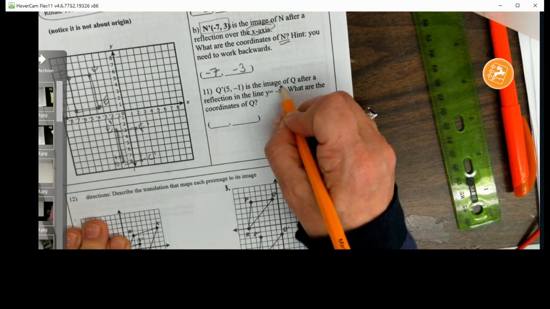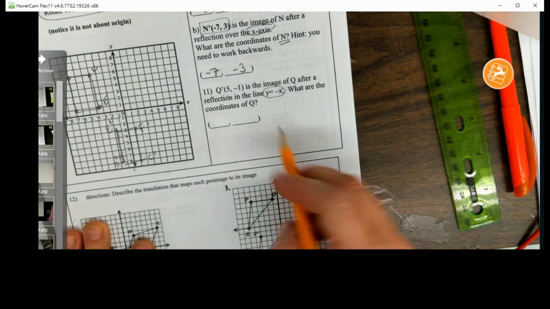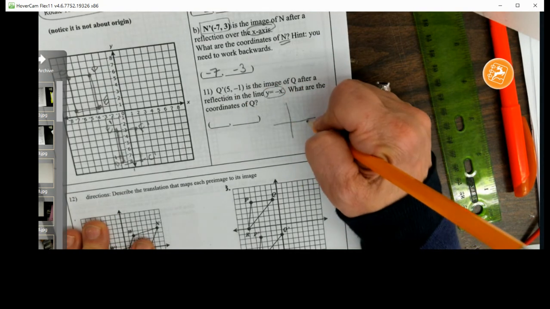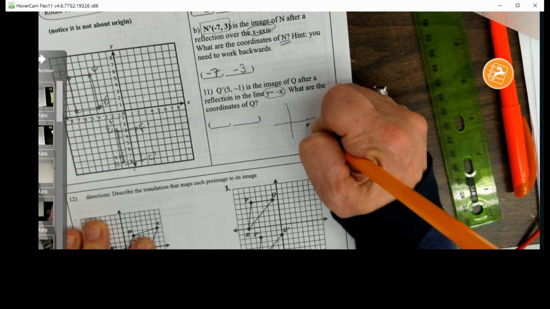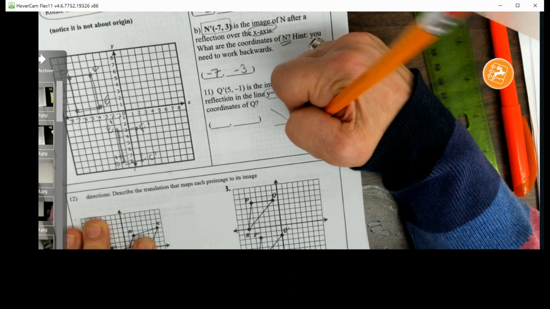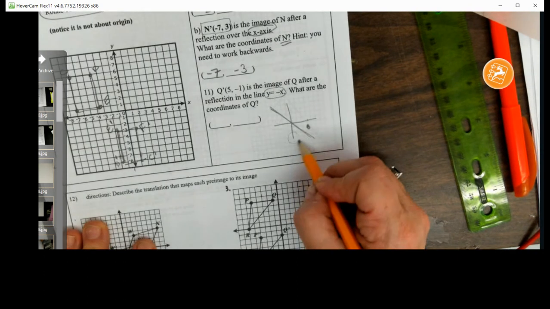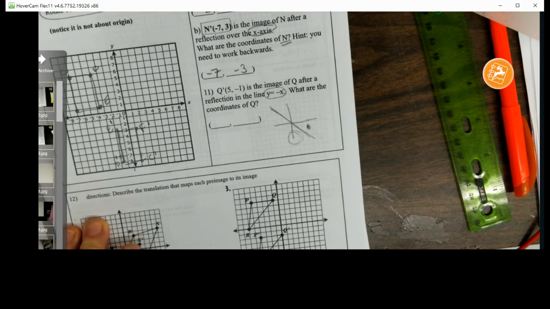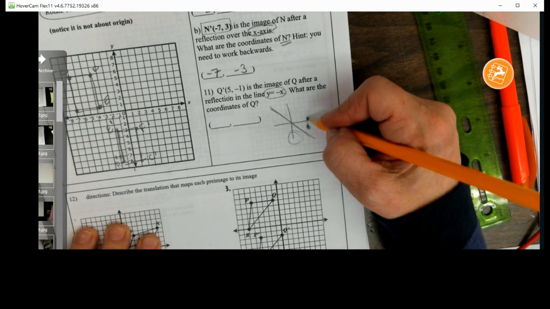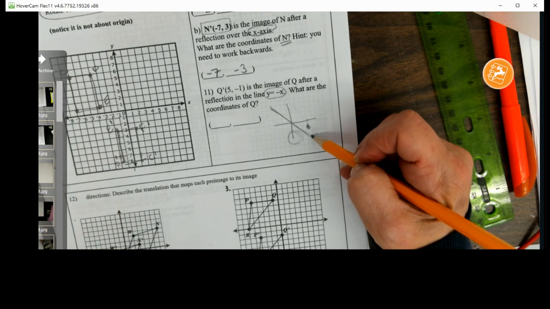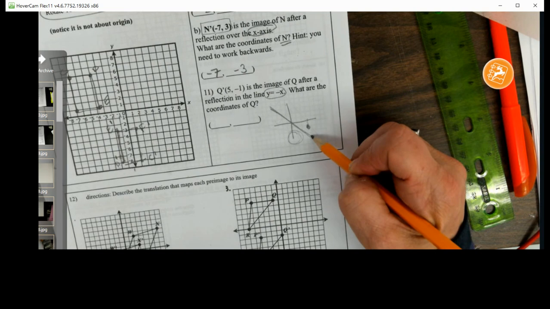After reflection over the line y is equal to x. So this is the number. I'm just going to show you here. This is 5, negative 1, right around here. We're going to reflect it over that line, so we're going to end up somewhere over here. Okay. And let's go back to our rule. Okay, we're going to count down and count out.